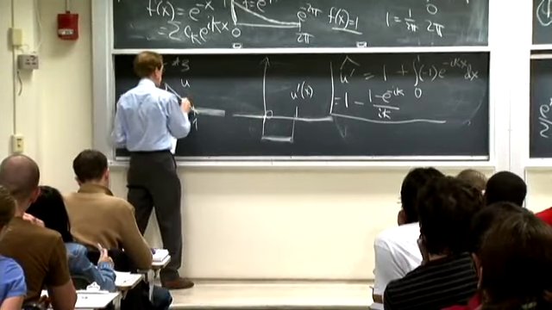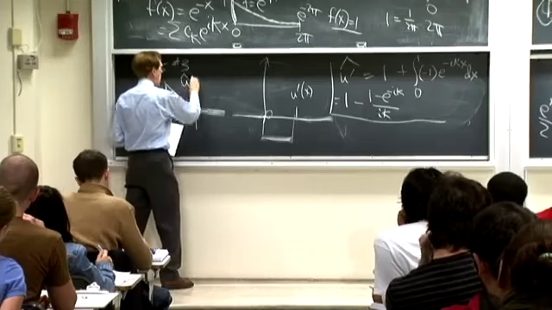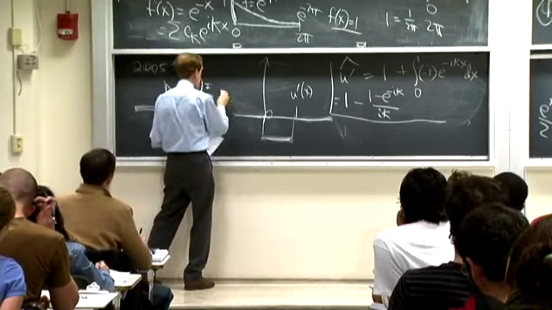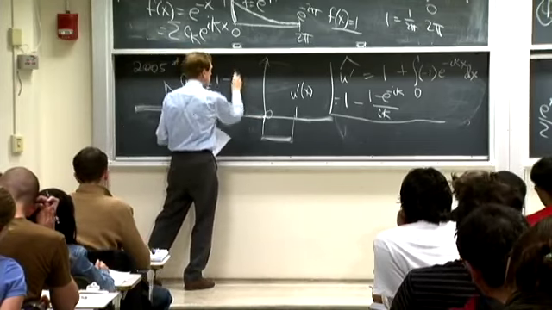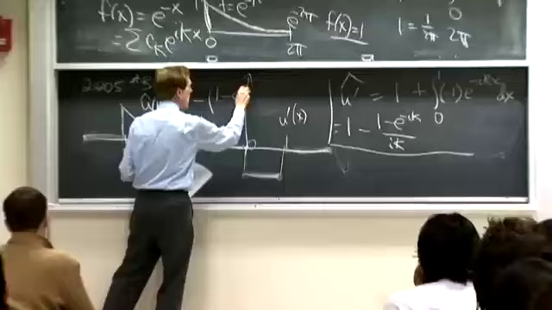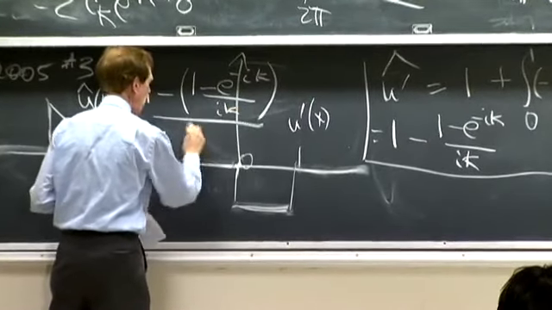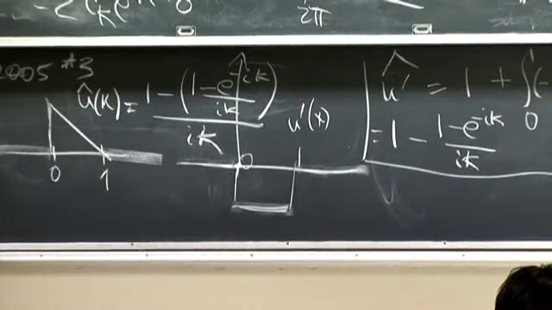So now U hat of k is this expression divided by ik. So it's 1 minus this thing, I'm just copying, minus ik over ik, all that divided by ik.